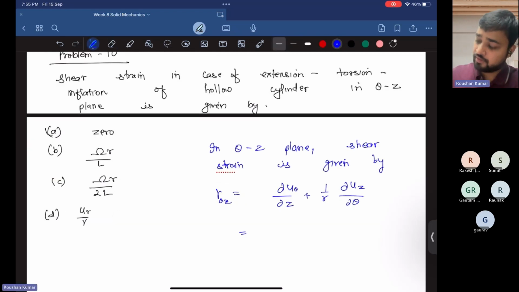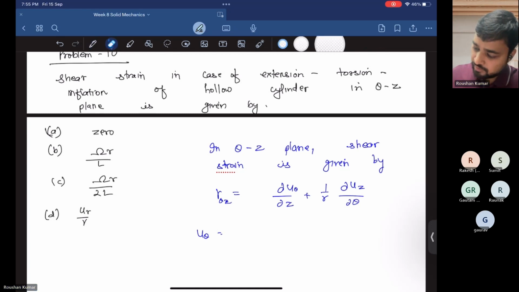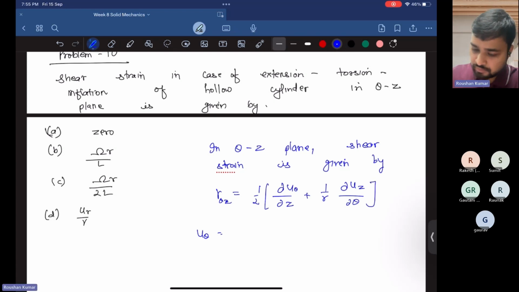Okay, so del u theta upon del z, and what is u theta here? So u theta is given by omega by L into z.